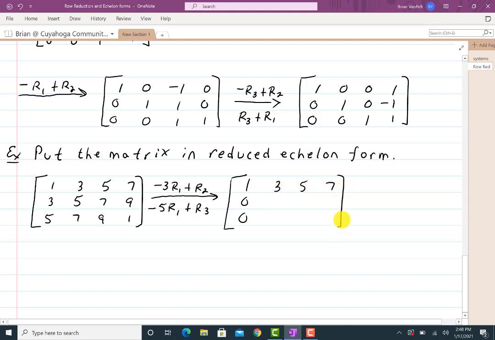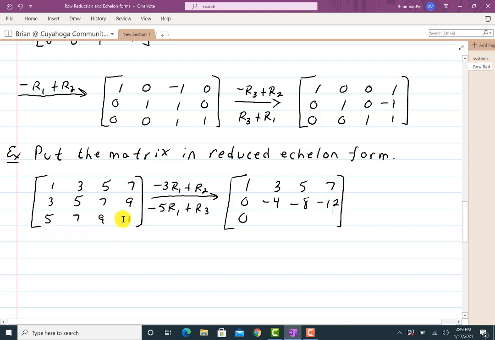The rest of it, let's be careful in how we do it. So I did negative 3R1 plus R2. So negative 3 times 3 is negative 9, plus 5 is negative 4. And then negative 3 times 5 is negative 15, plus 7 is negative 8. And then negative 21 plus 9 is negative 12.